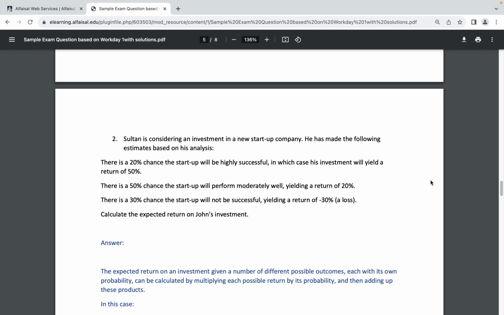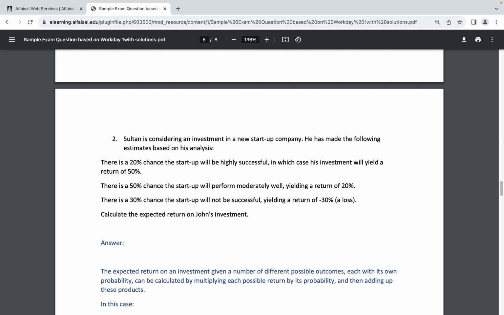But there's a 30% chance that the startup will not be successful, yielding a loss of 30%. Remember, return can be negative as well as positive. Calculate the expected return on, that should say Sultan, not John, on Sultan's investment.